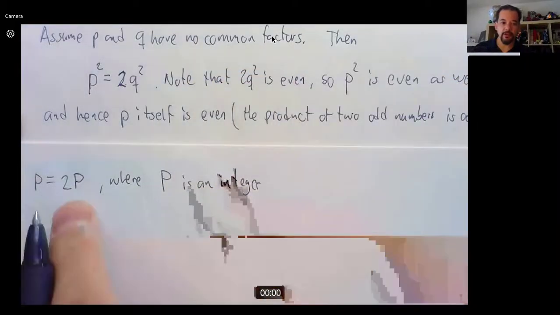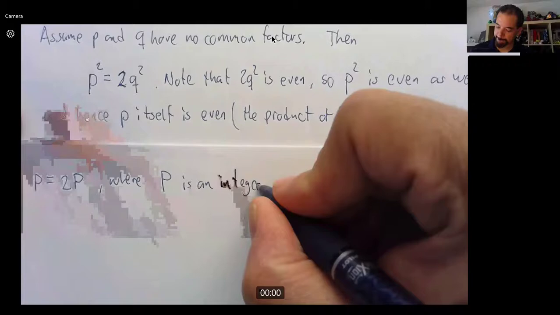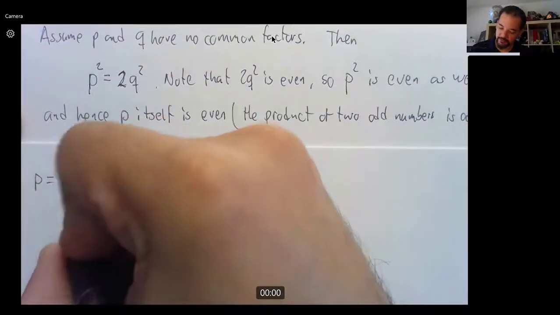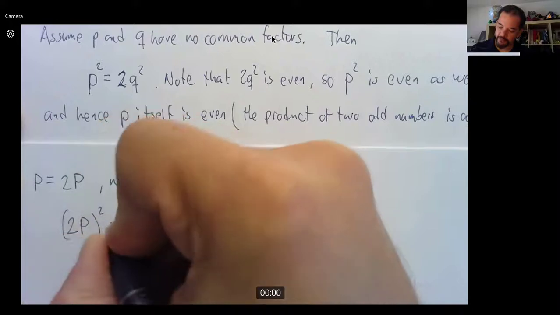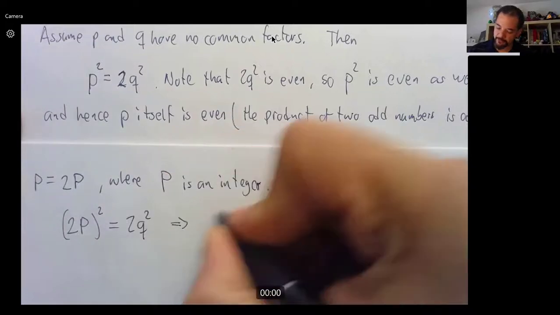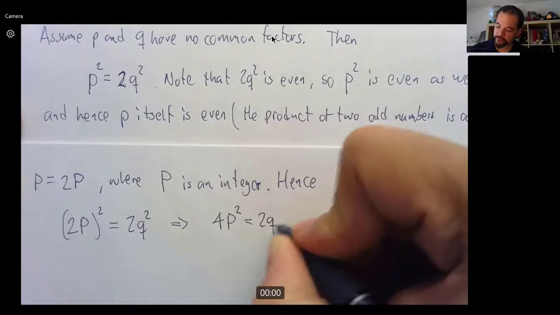Okay, and then I'm going to write down my newfound information back into my original equation. And this is what happens. I get (2 times P) squared equals 2 times q squared. If we expand, this means 4 times capital P squared equals 2q squared.